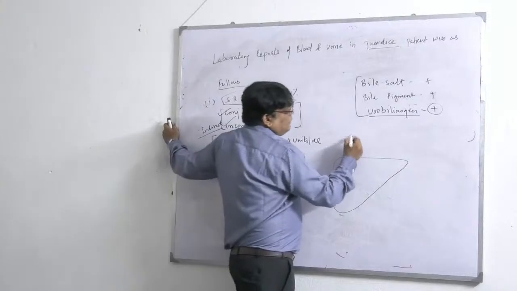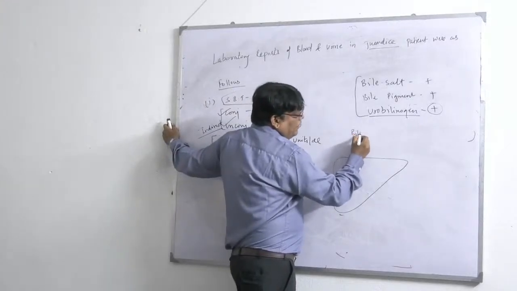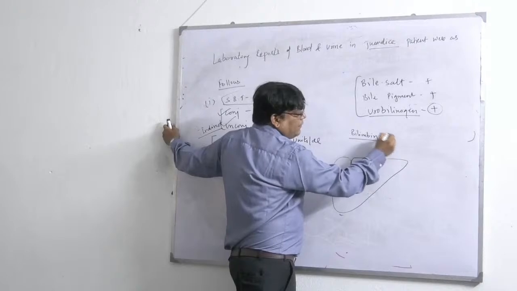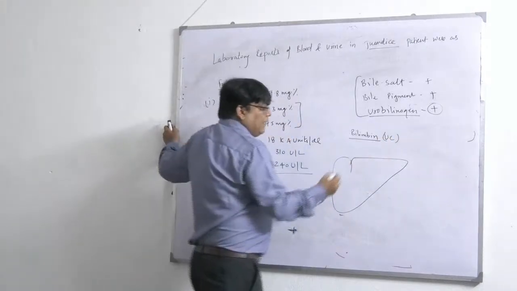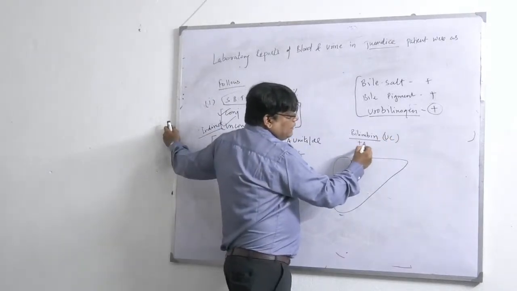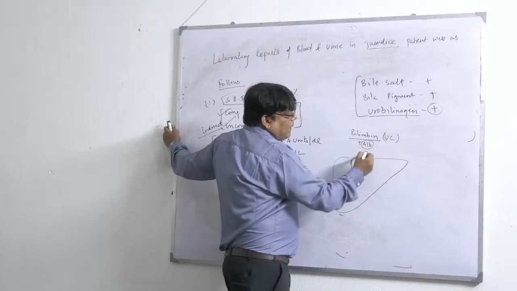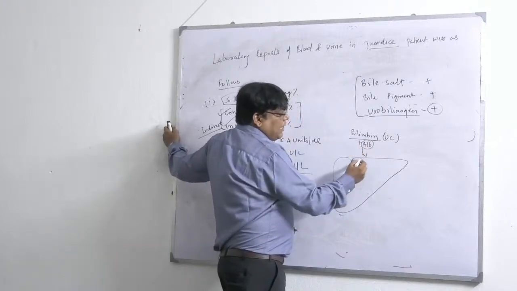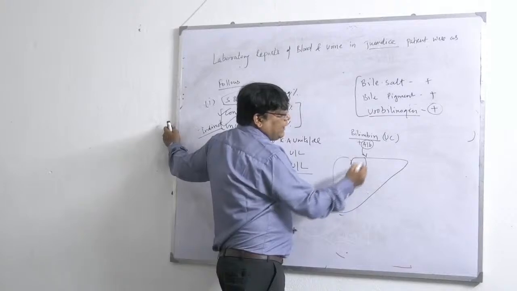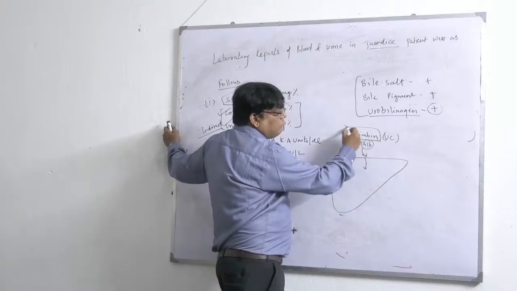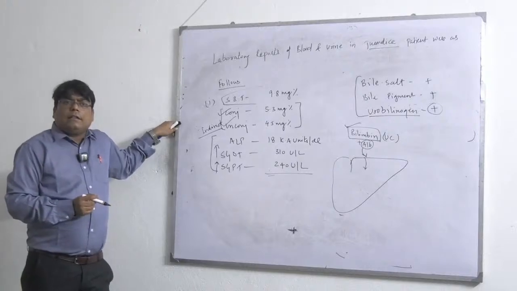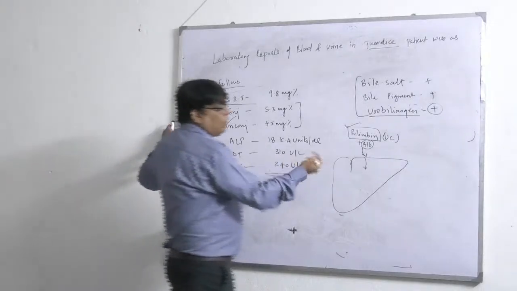Bilirubin is formed here, which you call unconjugated. It is combined with albumin, then it comes to the liver. Then the liver does not conjugate this bilirubin because the liver is not functioning well.